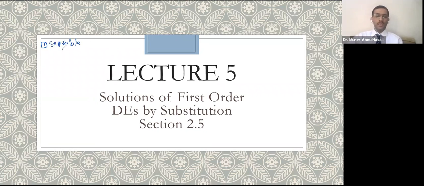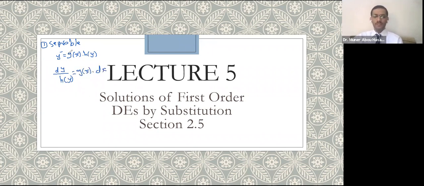Separable differential equation. And if you remember, let me write the form of a separable differential equation. It is y prime equal g of x times h of y. And also I can write this equation as dy over h(y) equal g(x) times dx.